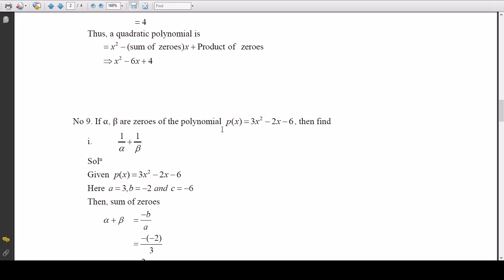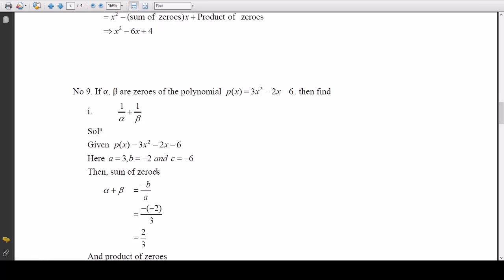It's given that p(x) equals 3x square minus 2x minus 6. What is a here? A is the coefficient of x square, which is 3. B is the coefficient of x, which is minus 2. And c is minus 6. Then the sum of zeros, alpha plus beta, is minus b by a, isn't it?